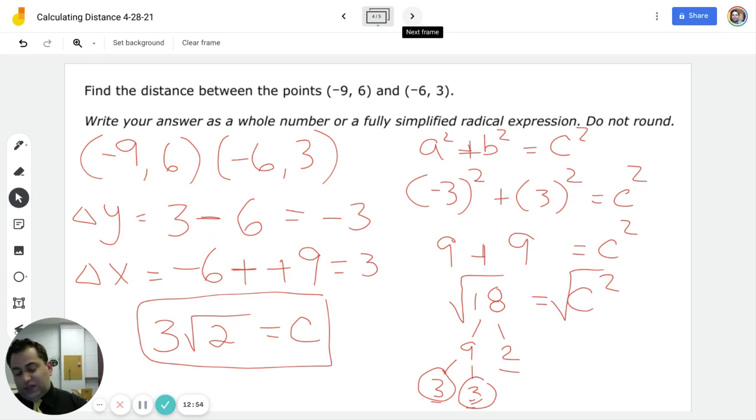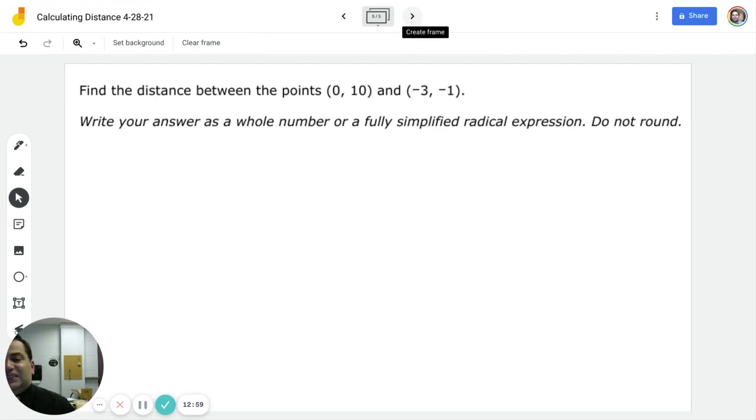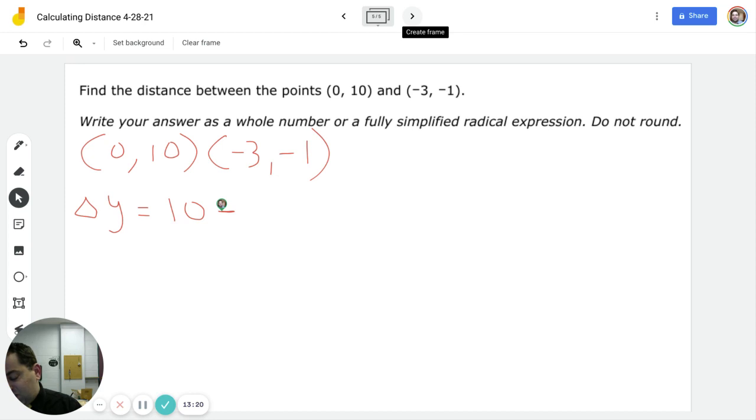All right, we got one more example here. Let's give it a try. We have 0, 10, and -3, -1. All right, let's find our change in y. So I'm going to start with 10 this time. Put the minus sign, and then the -1.